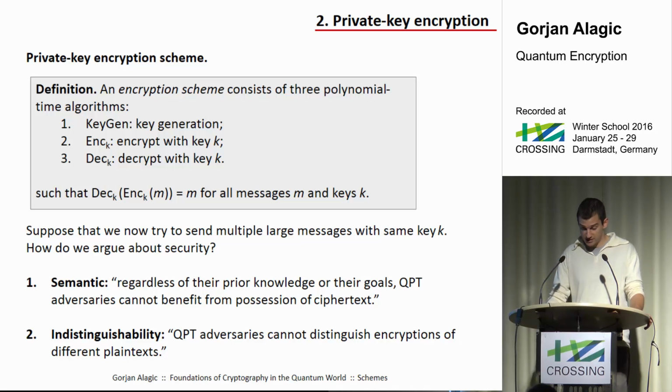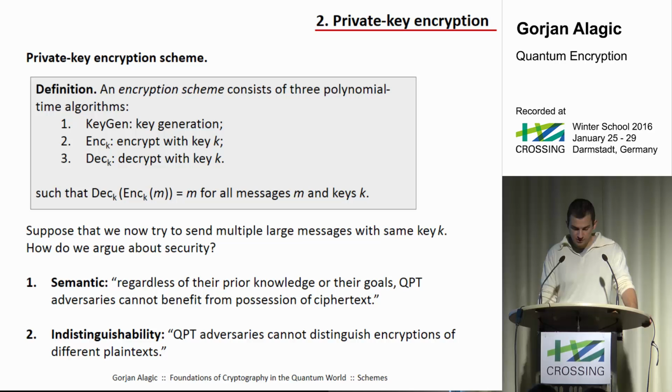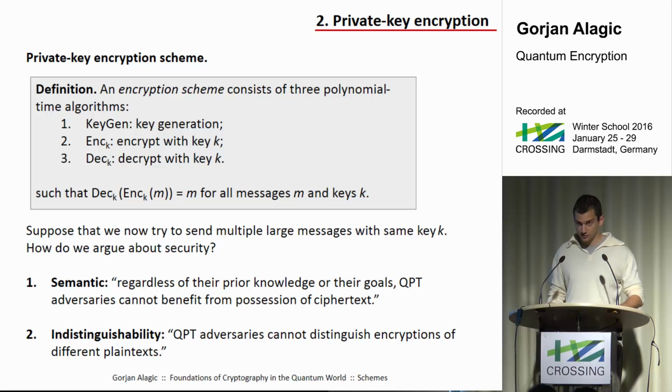The other notion, which is much easier to use in practice, is called indistinguishability. Indistinguishability simply says that, in this case, quantum adversaries cannot distinguish encryptions of different plaintexts. So they cannot distinguish encryptions of different strings or different states or anything.